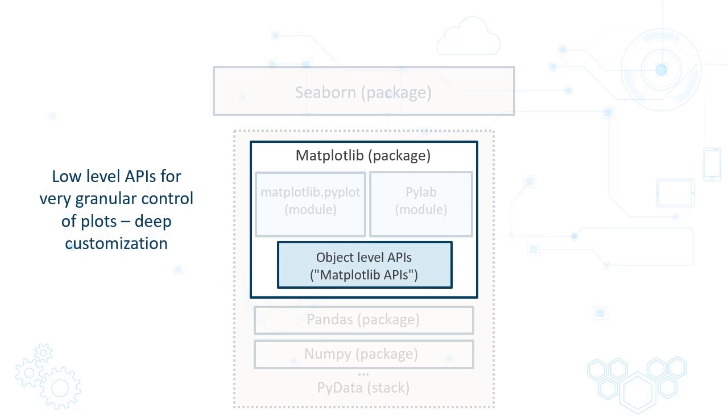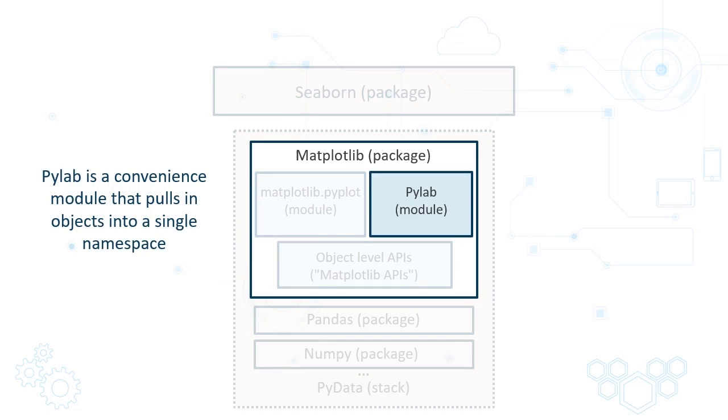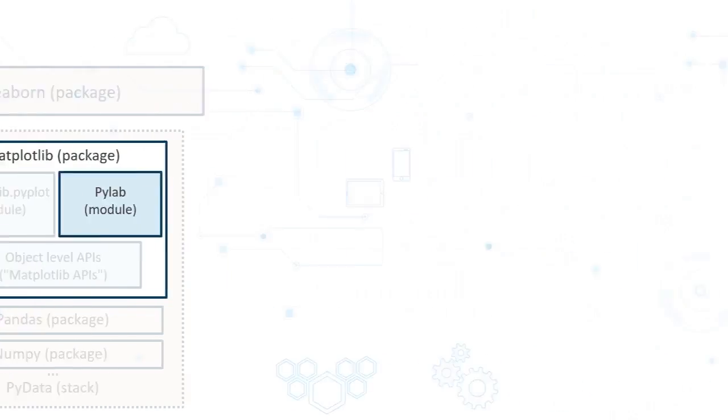For one, the low-level APIs for Matplotlib provide a lot of fine-grained control over your plots. PyPlot, on the other hand, works at a slightly higher level, as does the PyLab module, and both PyLab and PyPlot work on top of the Matplotlib API. And Seaborn sits on top of all of these.